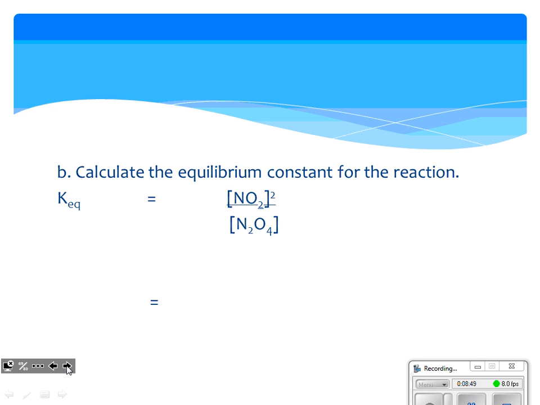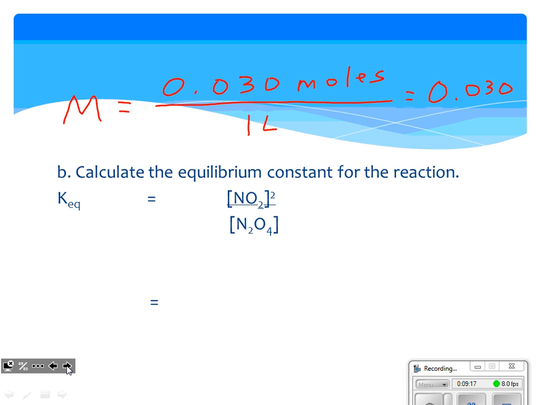If I'm dealing with the first one here, I know that they told me that I have 0.030 moles of this, and how much? I have it in 1 liter. So my molarity is going to be 0.030, capital M for molar.